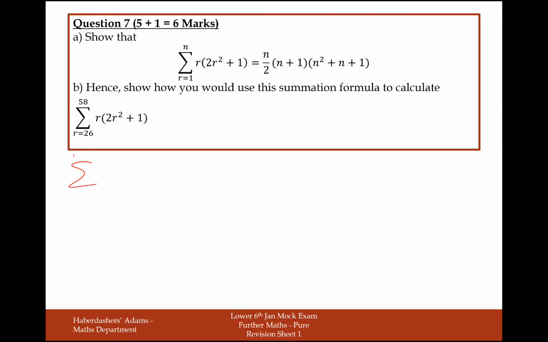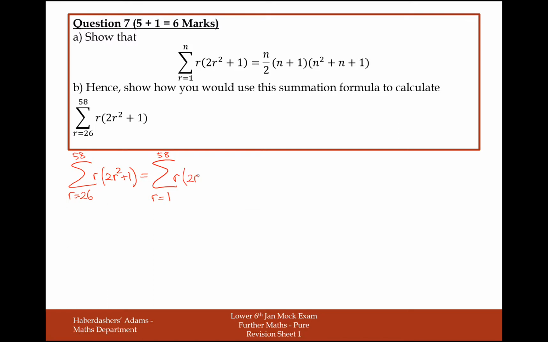So what we have to do here is, if we are starting at 26 of our expression here, 2r squared plus 1, split up this summation from 58, but we'll include some more terms down below. So we'll include all the terms down to 1, because that's the only way that I can use my formula.